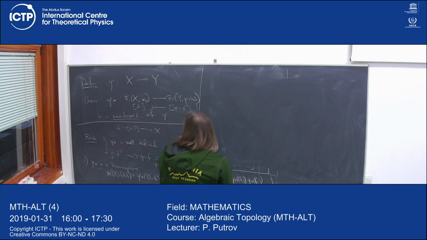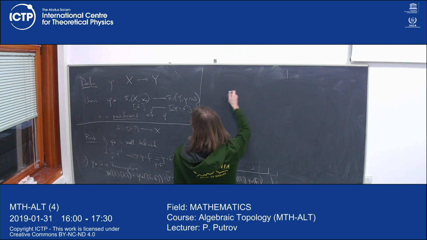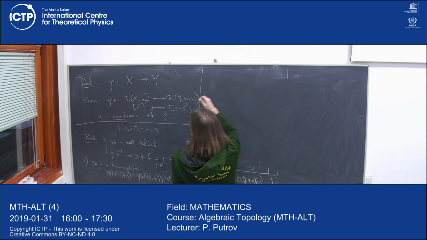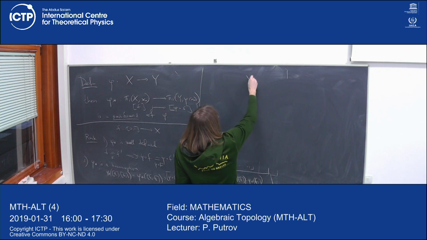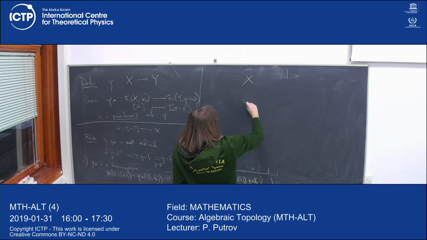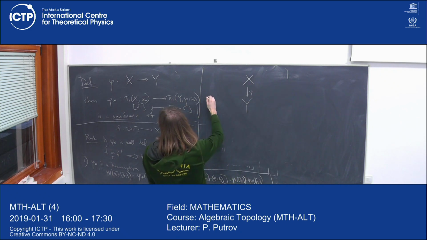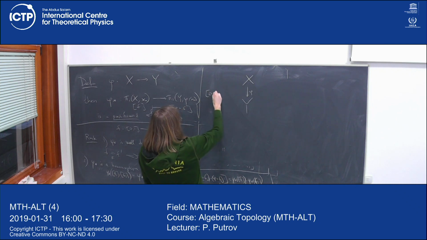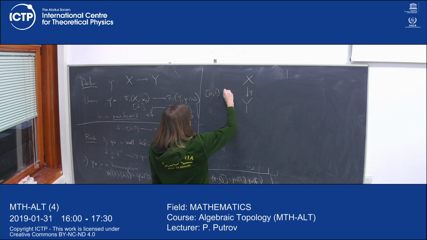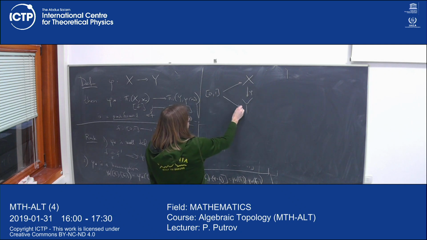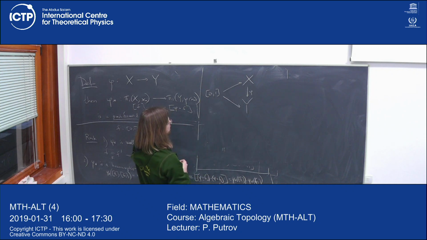Indeed, push forward? Because, how can one diagrammatically show this? So we have some X, Y here, and the map phi like this. The paths in X are maps from the interval to X or to Y respectively.